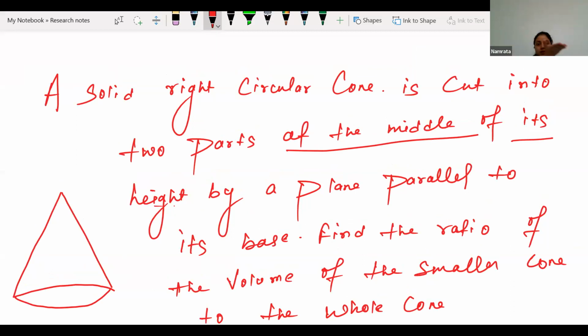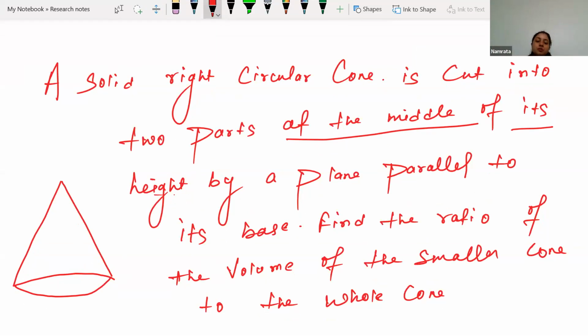Yesterday I was telling you we can cut it like this, by a plane parallel to its base. Once you cut from here, you will get one more cone, as you can see over here. Can you see two cones over here?